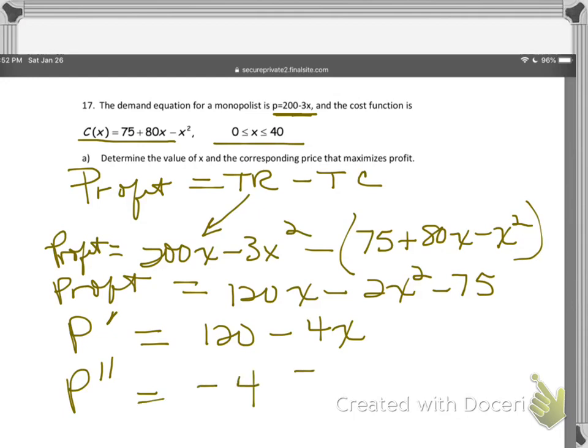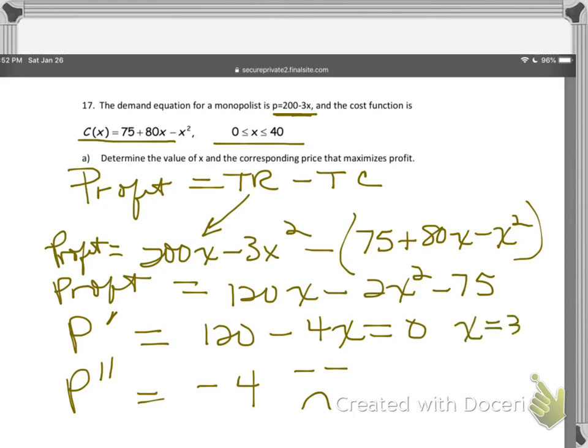So that's telling me if this is a negative second derivative that's independent of x, because there's no x value there, what I am finding will always maximize the profit. So what x do I get if I set the first derivative equal to 0? It looks like I'm getting an x of 30.